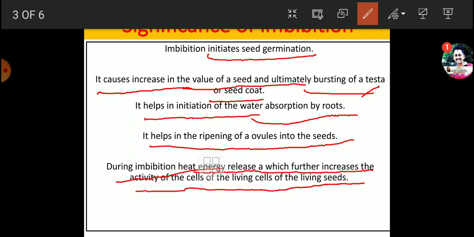So whatever energy is released during imbibition increases the activity of the cells of the living seeds, and it helps in the process of germination.